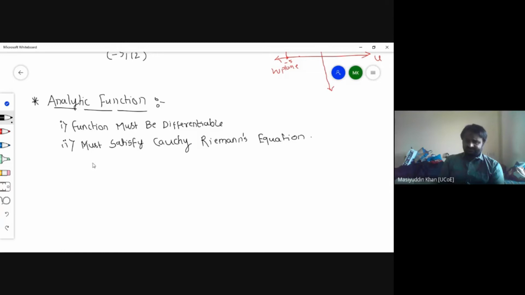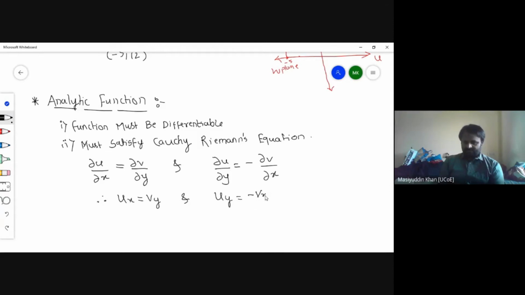That is dou u by dou x is equal to dou v by dou y, and dou u by dou y is equal to minus dou v by dou x, or sometimes it is represented as ux is equal to vy and uy is equal to minus of vx.